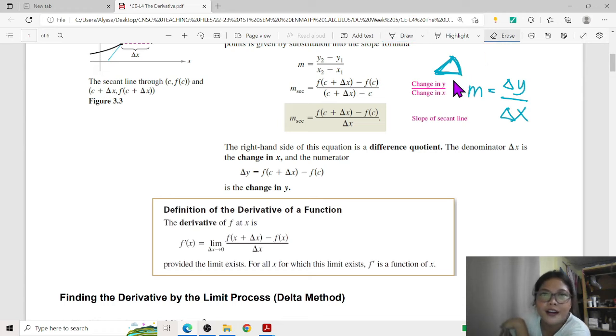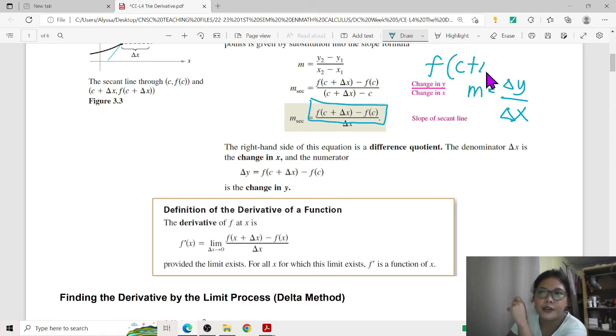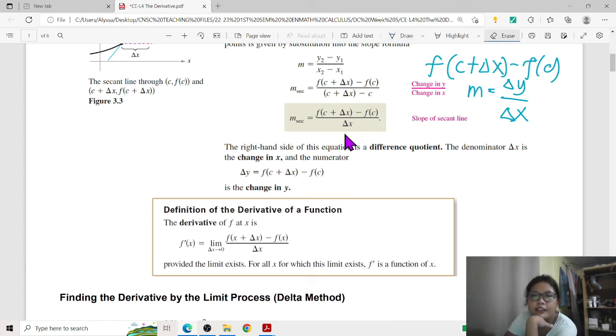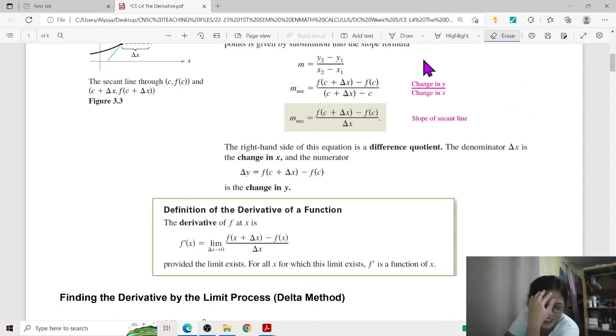So, kung para paulit-ulit ako ng delta dito, triangle po yun. Baka malito kayo. Ano yung delta? Triangle. Anyway, okay. So, ito naman yung change in y, which is f of c plus delta x minus f of c. Okay. So, yun yung derivation. So, wala nang magtatanong kung paano na-derive.